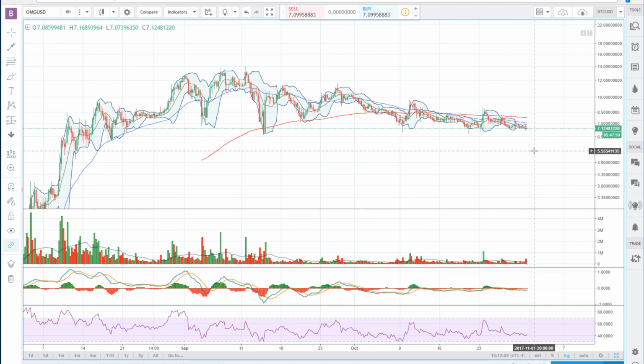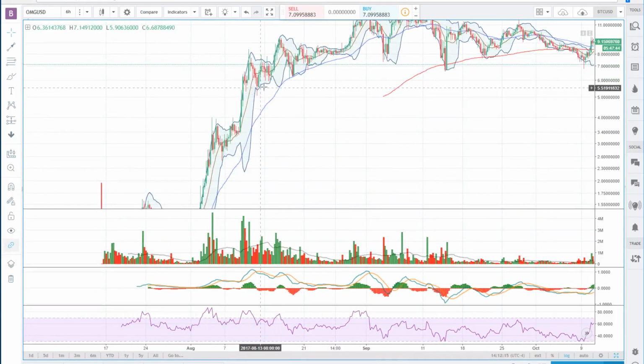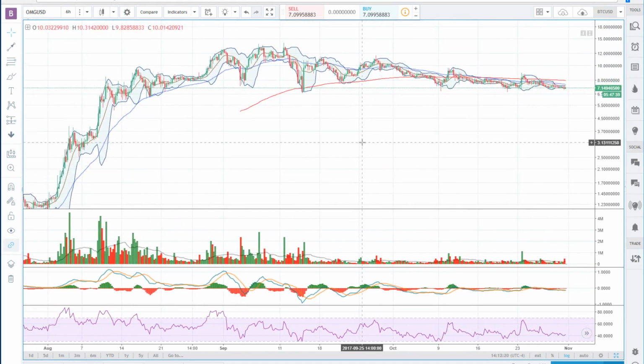Below 5.5 would be your time to bail, because this is your last line of support right here before it just goes and shits all over itself.